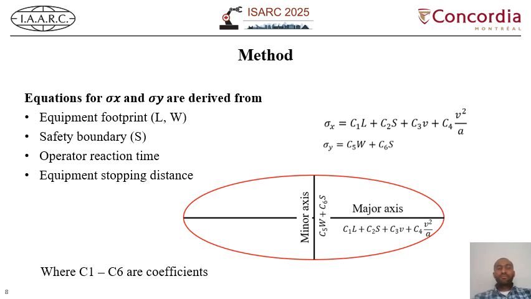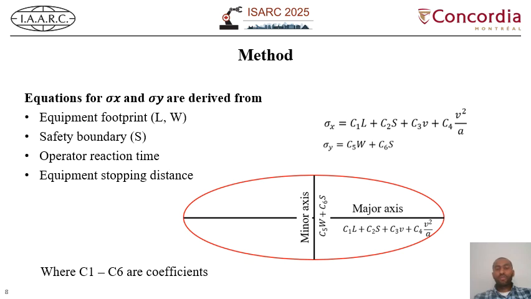In addition to the movement data, we have also used the equipment footprint, like the length and width of the equipment, the initial safety boundary, which is the safety boundary required for a typical stationary equipment, and the operator reaction time and equipment stopping distance, which are related to the speed and the acceleration of the equipment.